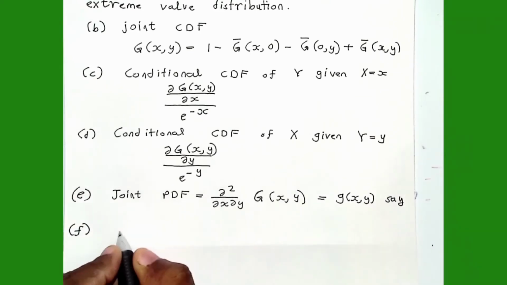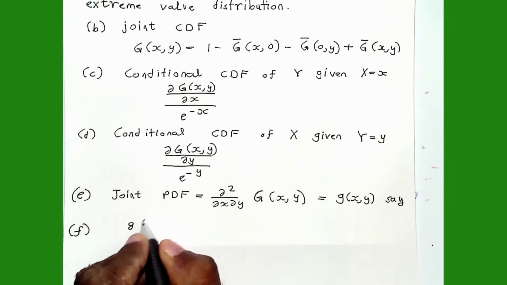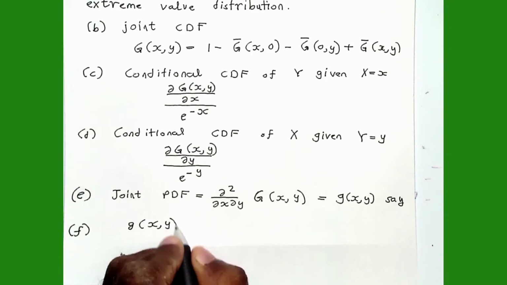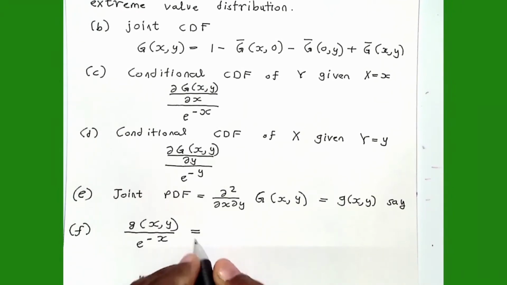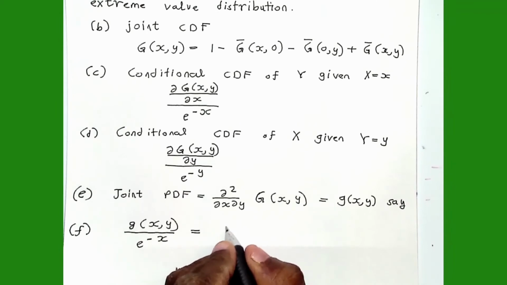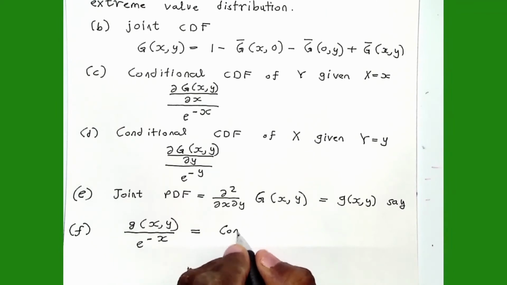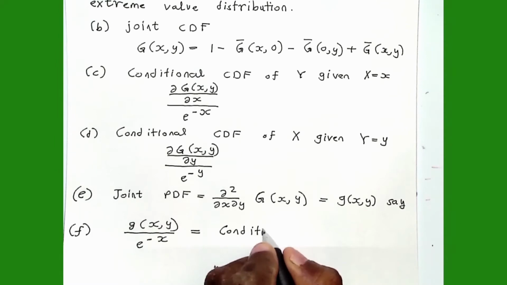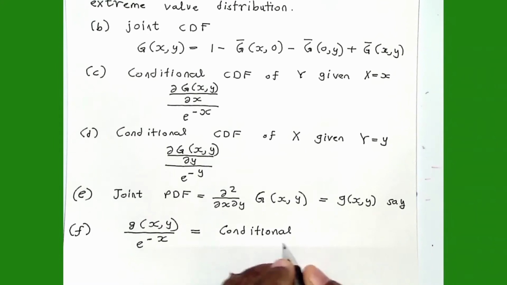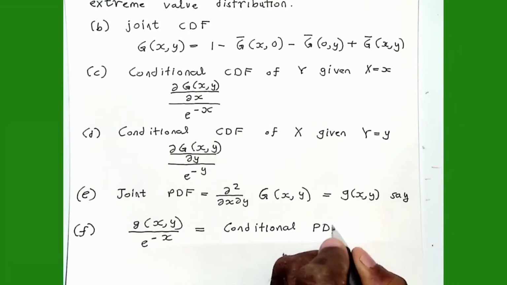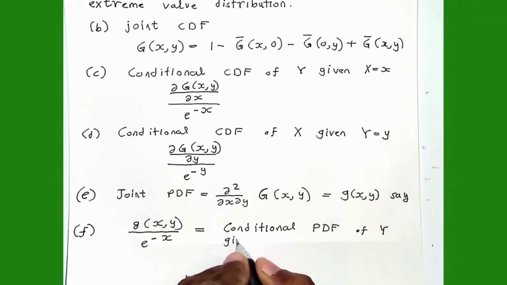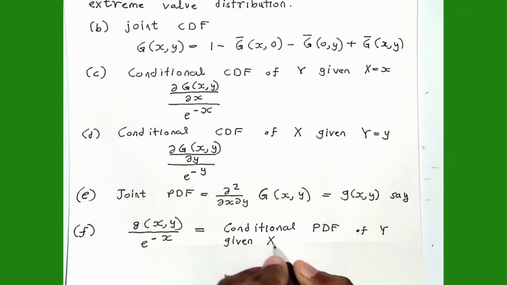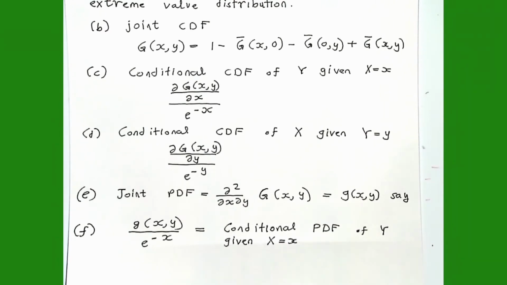So to do part F, you simply divide the joint PDF by this. So this will give you what is asked for in part F, which is the conditional PDF of y given x equal to x, right?